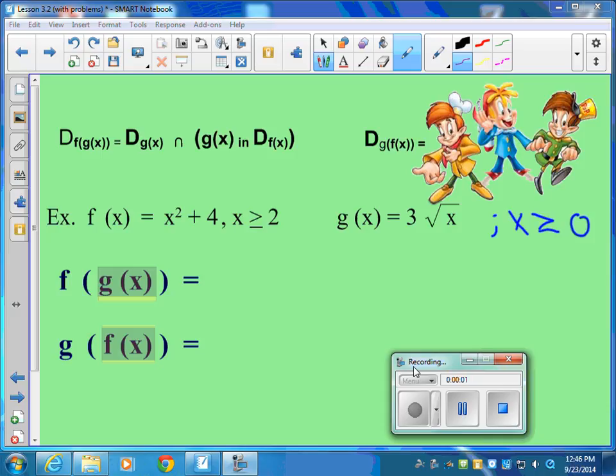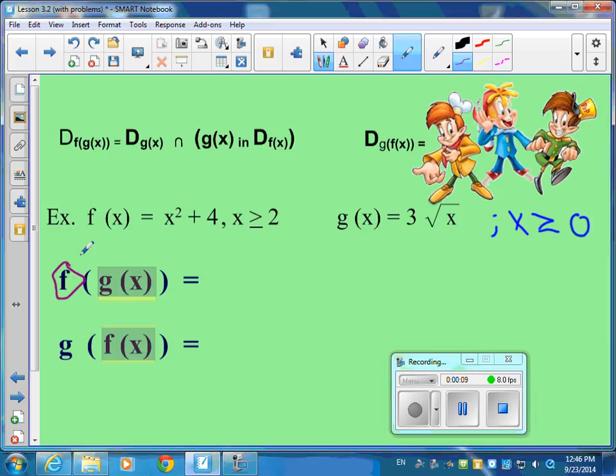So you can microphone, and we'll see if we can show f of g of x. What I like to do is write the outside function, f, first. So it'll be x squared plus 4. Isn't that nice?